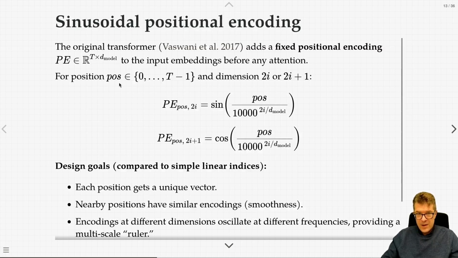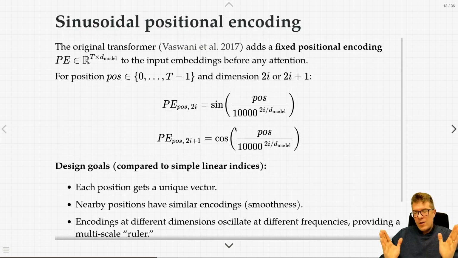So you have positions 0, 1, 2, 3, all the way up to position t-1 for a sequence of length t, and you have dimension 2i or 2i plus 1. The position encoding at position pos, 2i will be sine or cosine. I'll show you a visualization of this in a moment to explain why we're doing it this way. So why are we using sine and cosine?